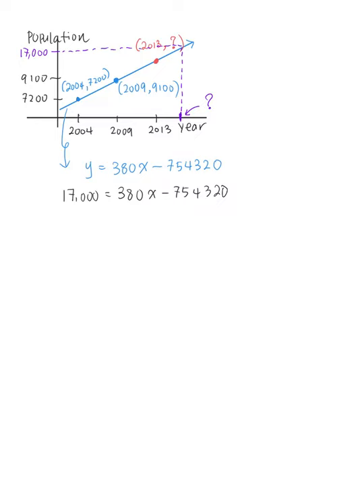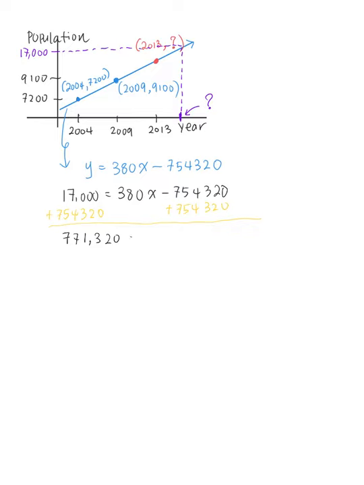So first, let me bring this crazy amount of number to the left-hand side by adding it. Am I copying this right? 4, 3, 2, 0. All right, so now please get your trusty calculator and add those two numbers. What did you get? I got 771,320.